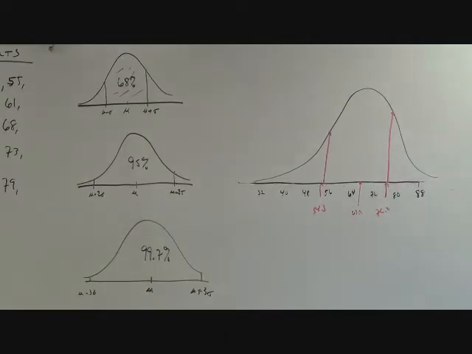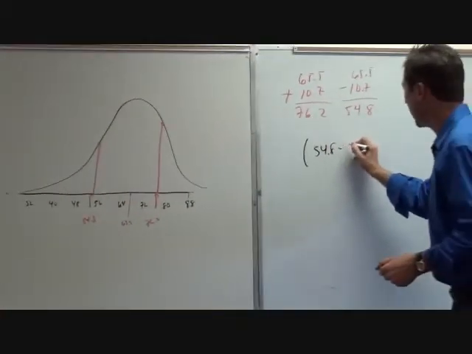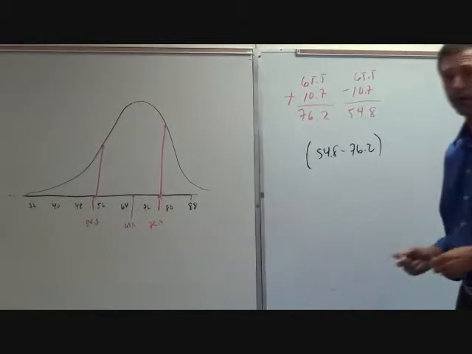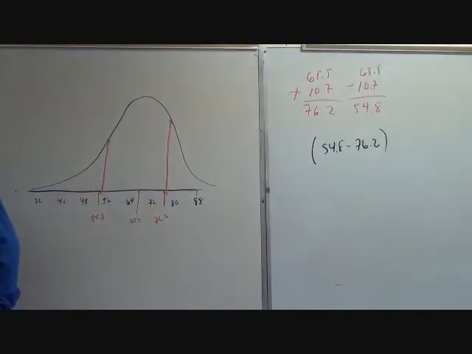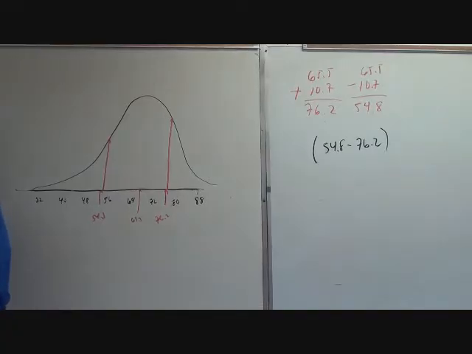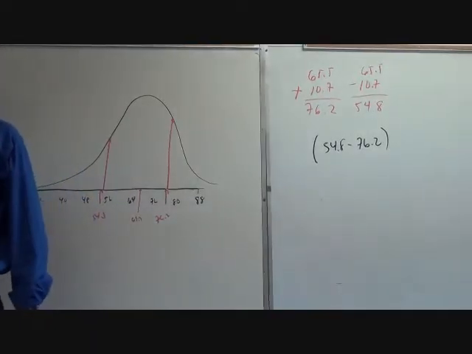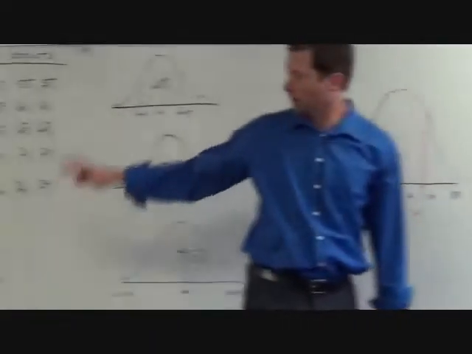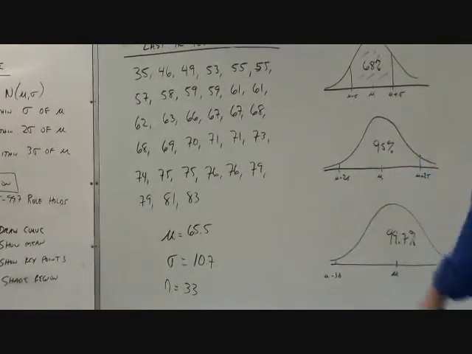Did we already do that? Yeah, so there it is. This is the interval 54.8 to 76.2. What this theorem says is if this data was truly normally distributed, about 68% of these would be in that range. Go find out what percent of that data is in fact within 1 standard deviation of the mean.